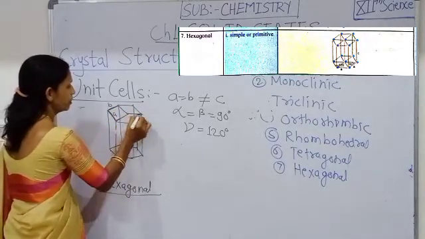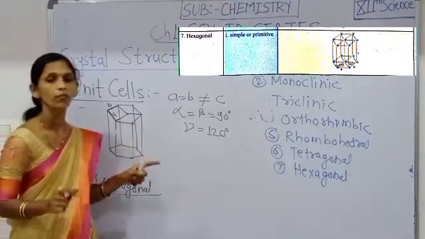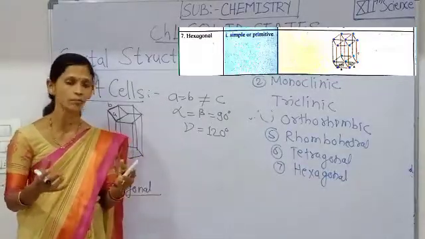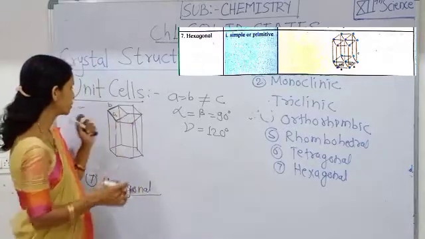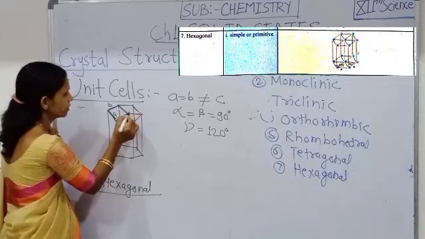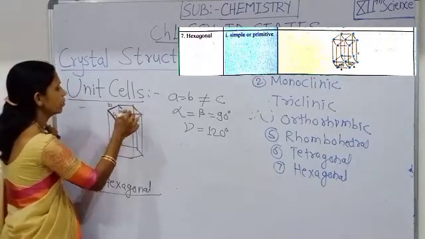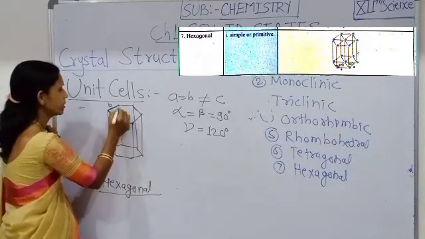Here it is made up of 3 orthorhombic structures, which make the hexagonal type of unit cell.